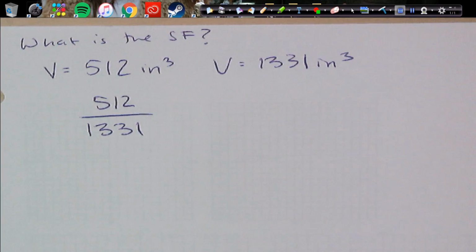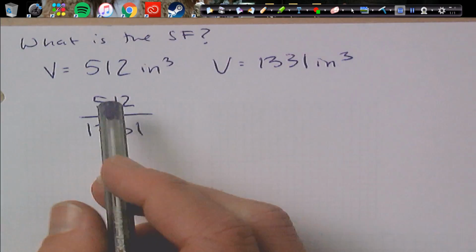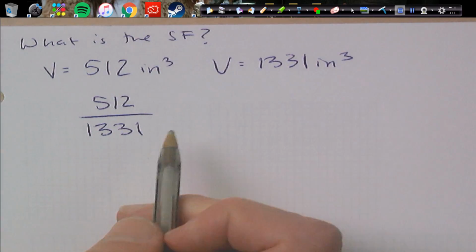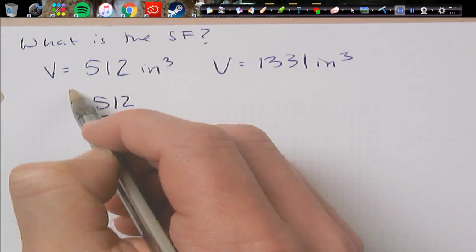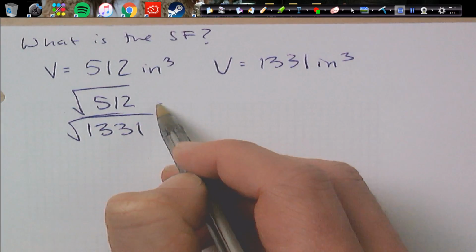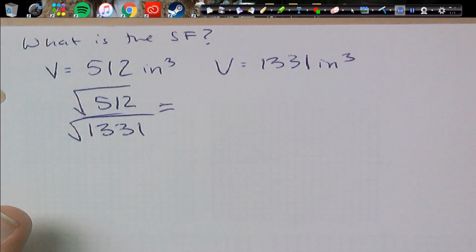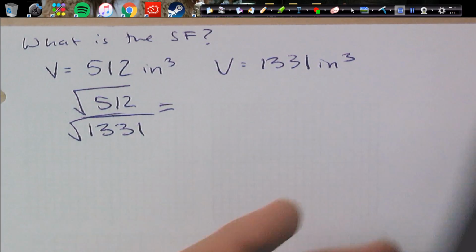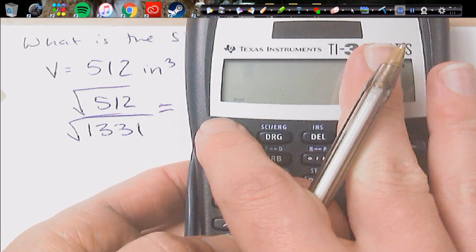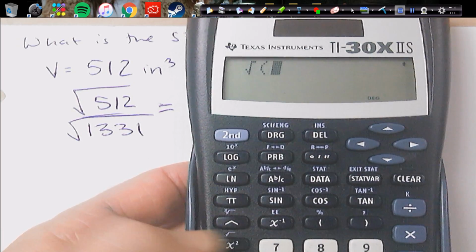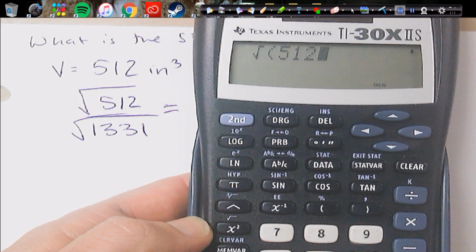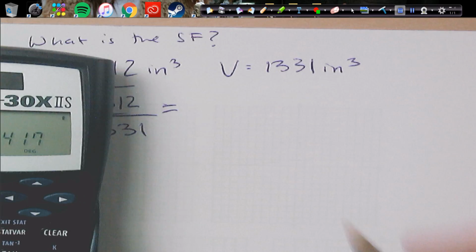We're given here our volume, so let's take care of that by square rooting. We take 512 and square root that. There's the square root button, 512, and we get 22.6.